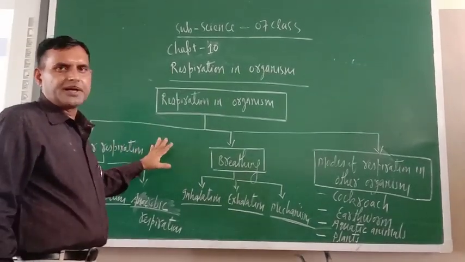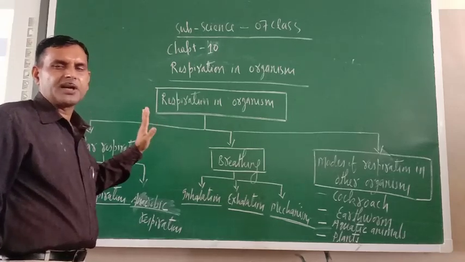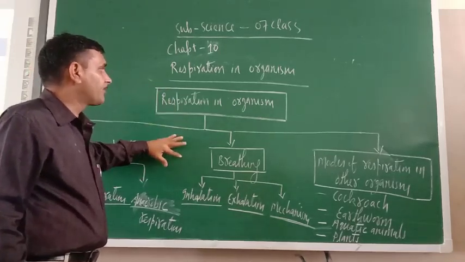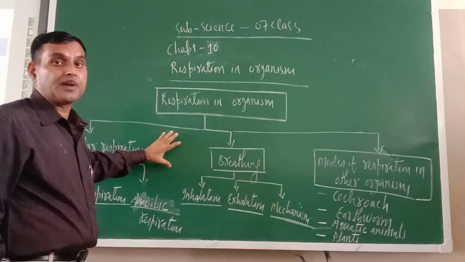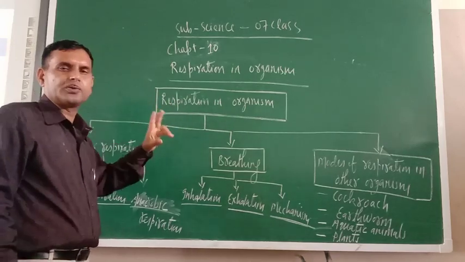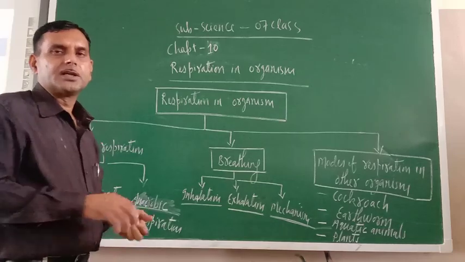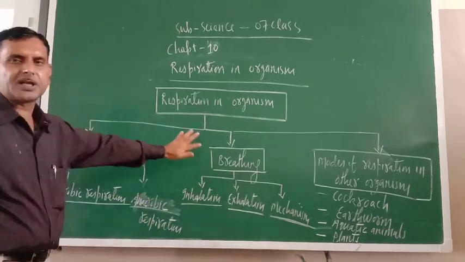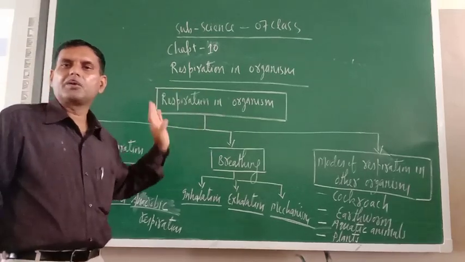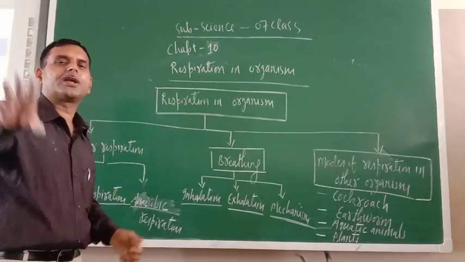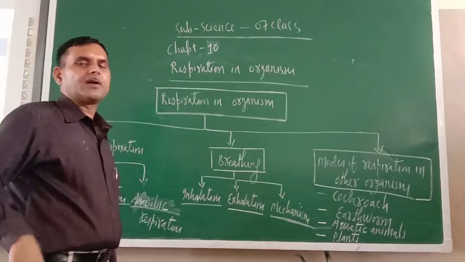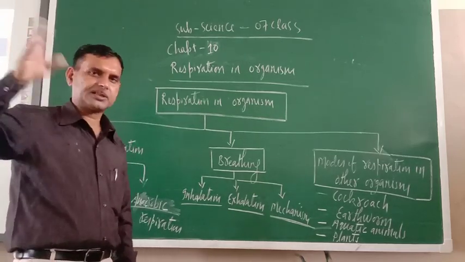In this way, dear cadets, I have completed the NCERT exercise of chapter number 9, and in brief I have explained chapter number 10 also. Tomorrow onwards I will give you the detailed study of cellular respiration and all those things. Today I am not giving you any question because you have already noted down the NCERT exercises. So write that down, and after completion send it to me.